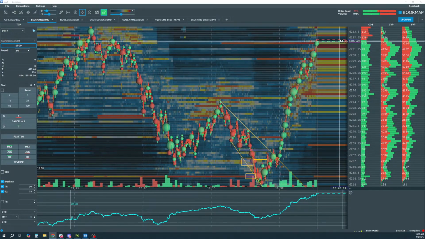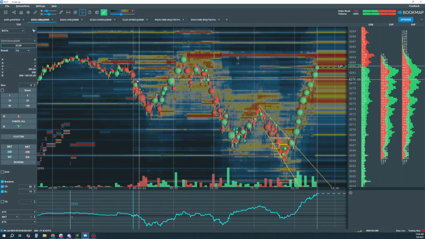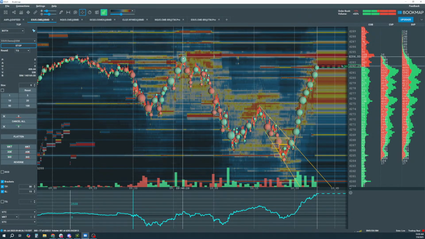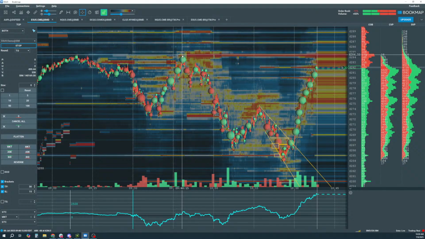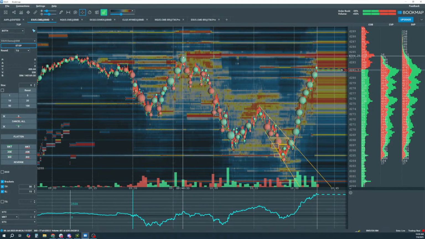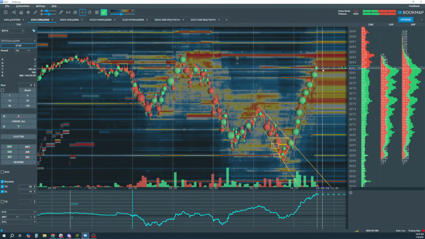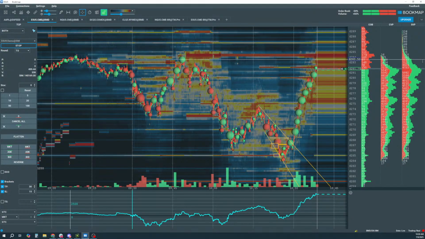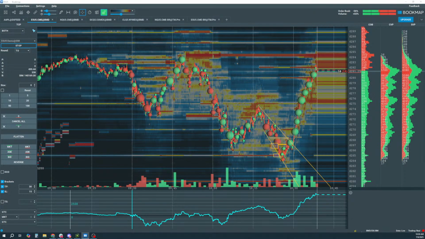Okay, so yep, coming back up to the high of the day here for the cash session. So that looks pretty good, like trading up into this 84, 85 level. Okay, point of control up here as well.